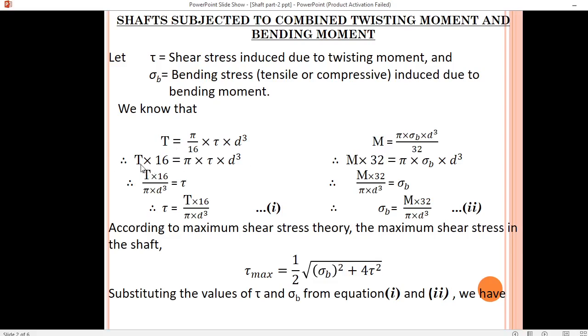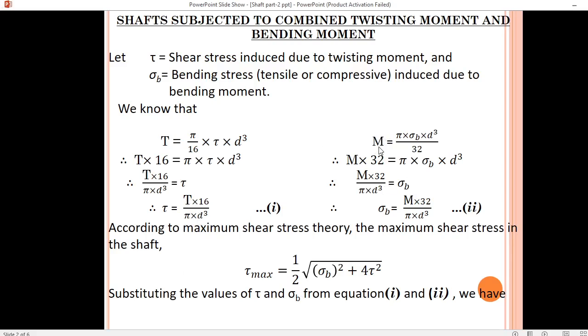So T into 16 is pi into tau into d cube. So tau is equal to 16 T divided by pi d cube. Therefore tau is equal to 16 T divided by pi d cube.